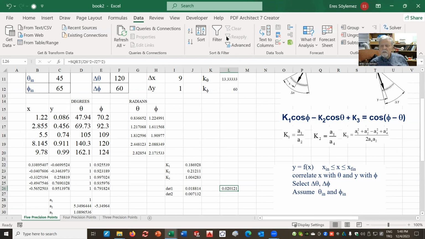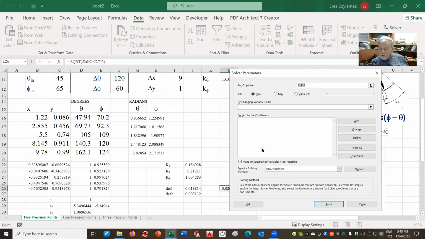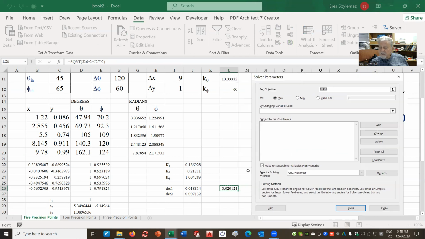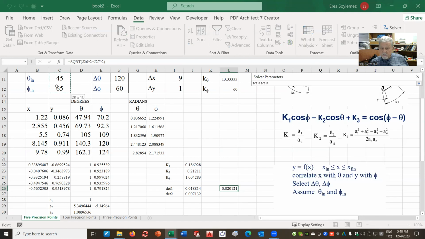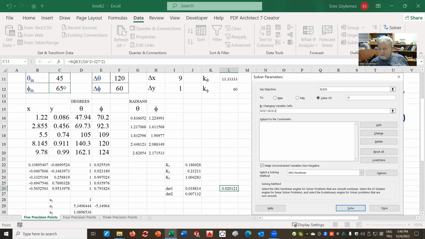So what I do is go to the data again, solver tool. Now make this cell equal to 0 by changing both of these values. Okay? Usually I would add 2 constraints.